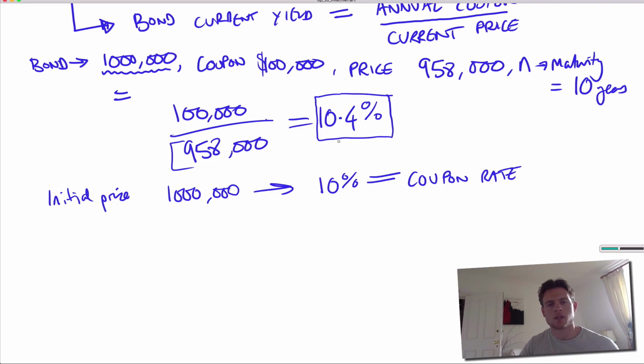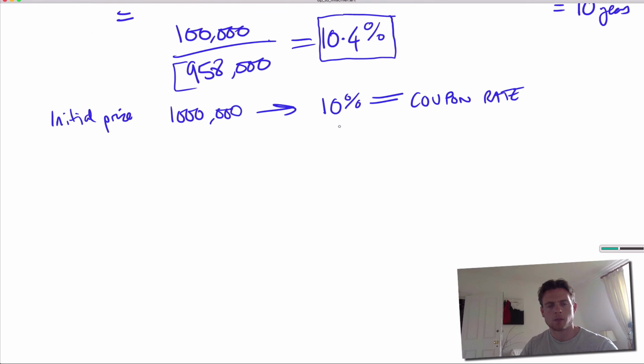Now, there's a limitation to current yield, and that limitation is as follows. Current yield basically doesn't take into account the fact that even though the price is currently 958,000, I'm actually going to get 1 million back.